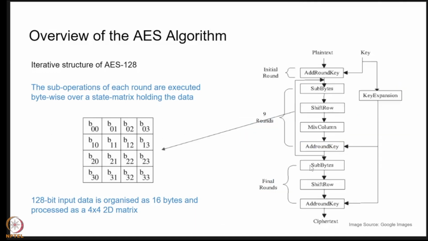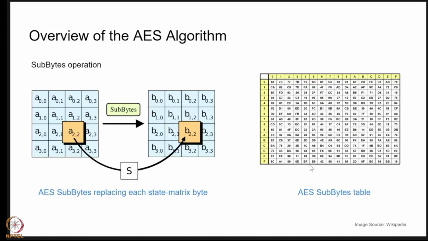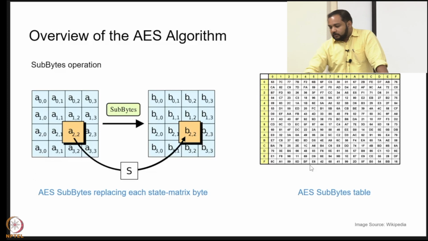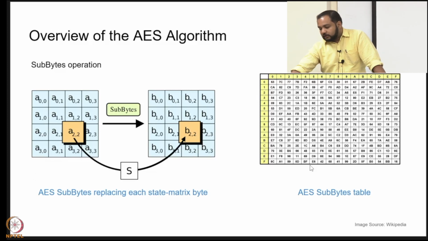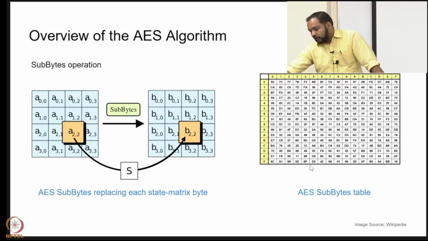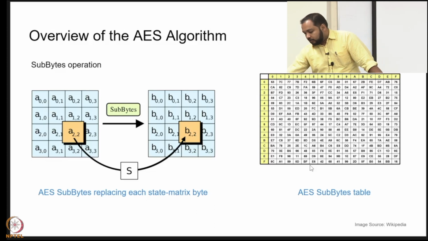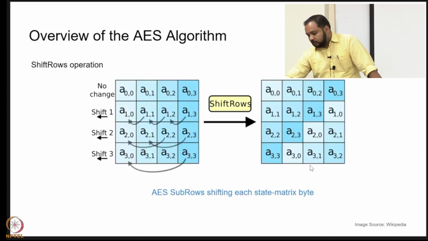So these are the overall steps of the AES 128 algorithm. In the sub byte operation, as I mentioned yesterday, it is the transformation of all the 16 bytes based on the table, as you can see on the right hand side, transformation from A to B.